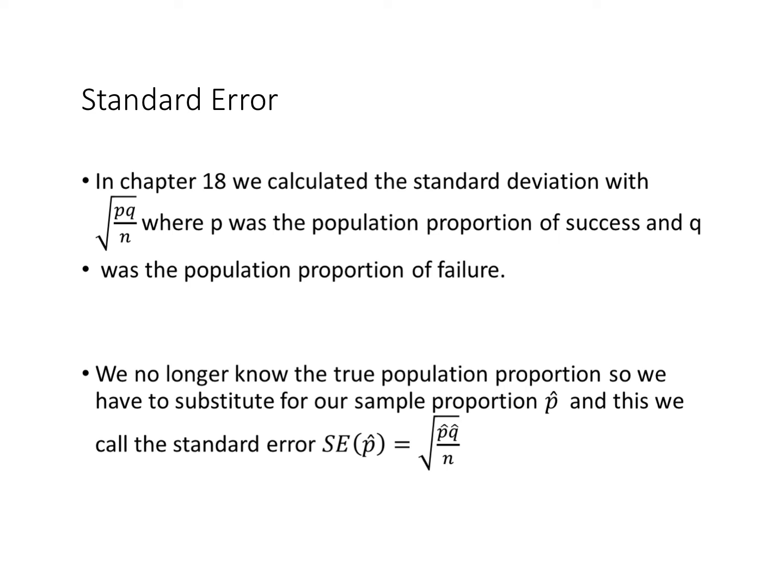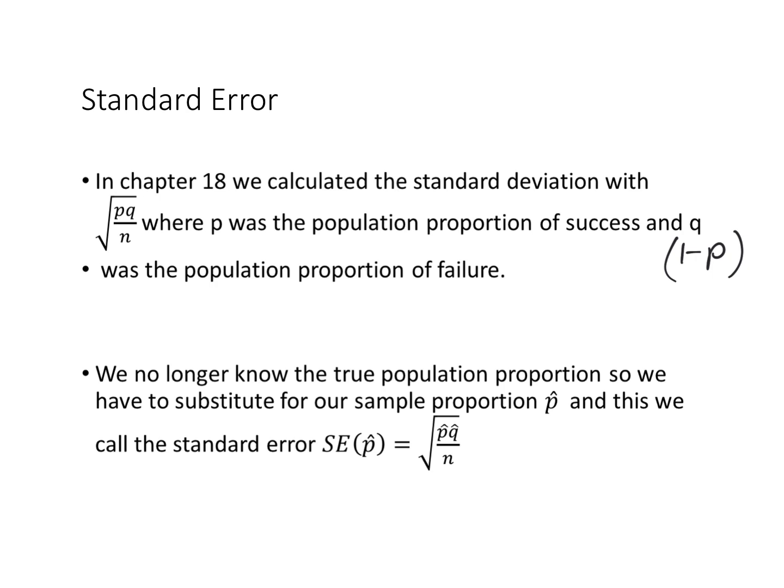Standard error: in chapter 18, we calculated the standard deviation with the square root of PQ over N, where P was a population proportion of success and Q was a population proportion of failure. Remember, that's just 1 minus P. On your formula sheet, it doesn't use Q, it uses 1 minus P. But the reality is we very rarely know the population proportion.